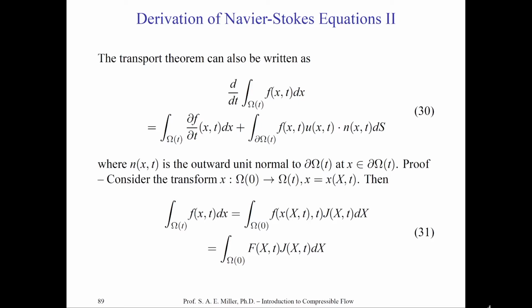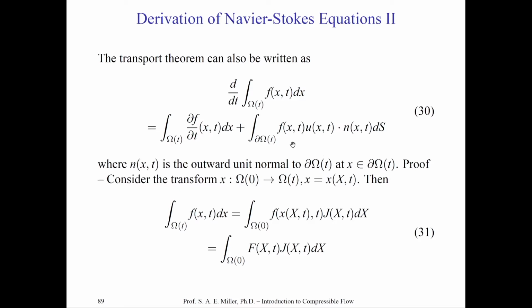But we define a new variable here. First, n is now an outward pointing unit normal to the surface of the fluid parcel, and we'll call that partial Omega t, which you see as the surface integral operator with dS. S is the surface, which changes with time of the fluid parcel motion.